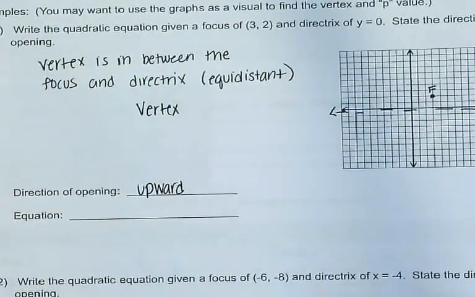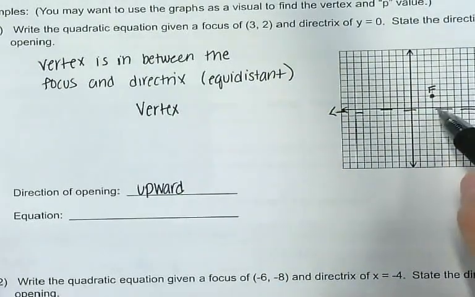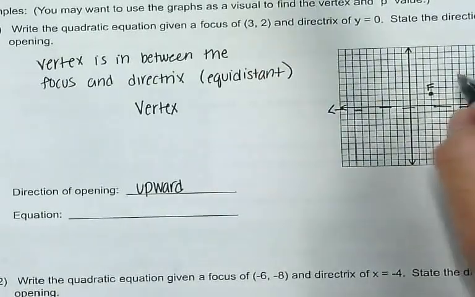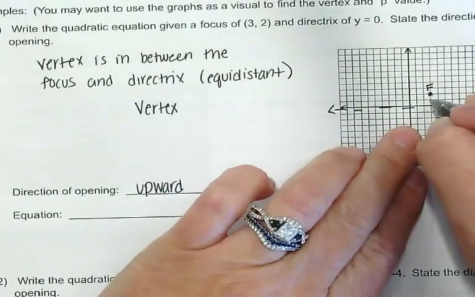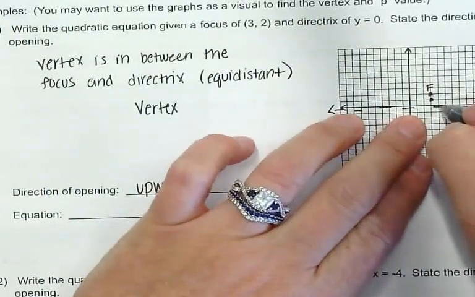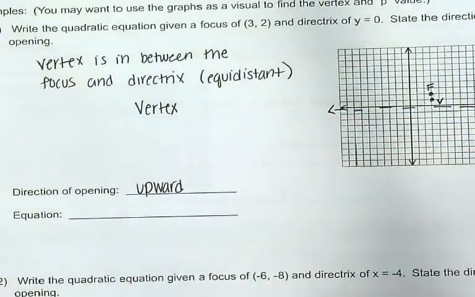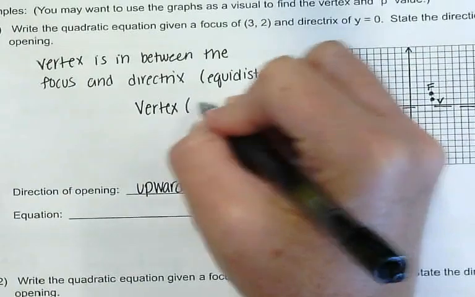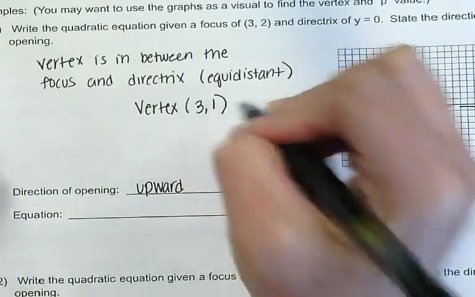All right. So in order to write the equation, we have to know what our vertex is. If it's in between the directrix and focus, they are 2 away, so the vertex is going to be 1 away. So this is my vertex right here. So I can get that ordered pair at 3, 1.